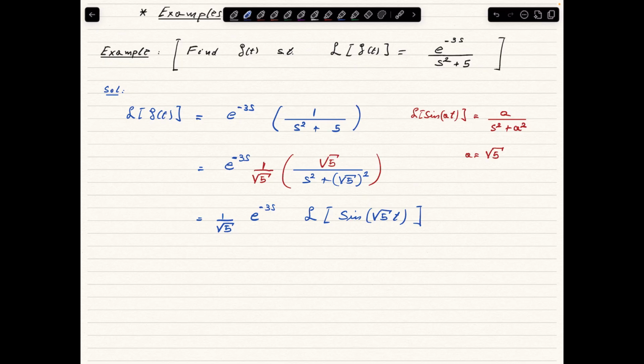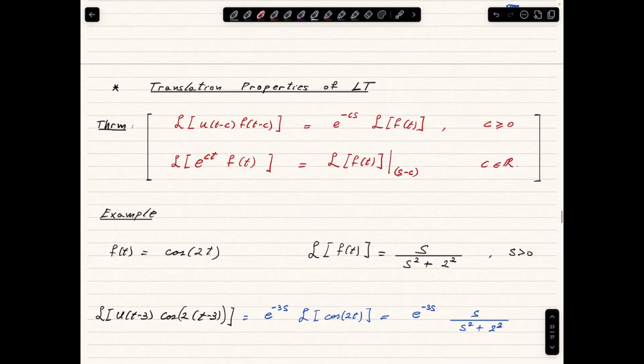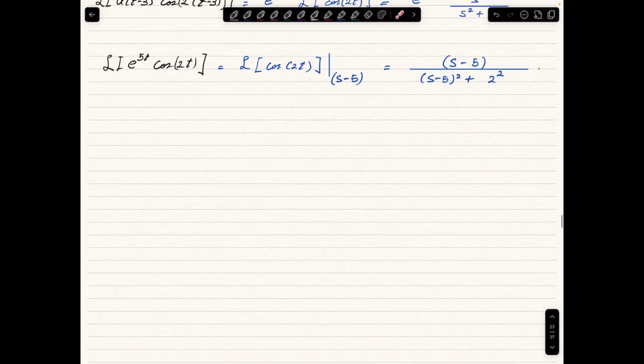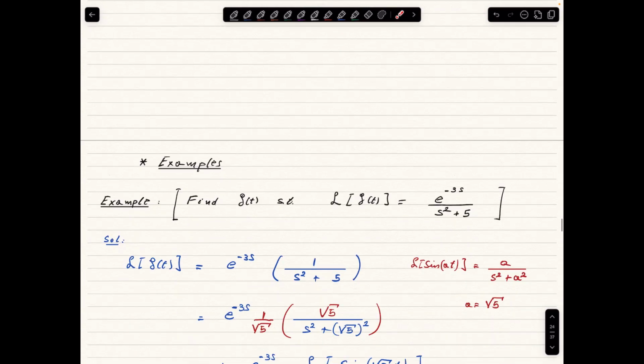Now we have one of the translation identities here. Let's copy that translation identity. It's down here.